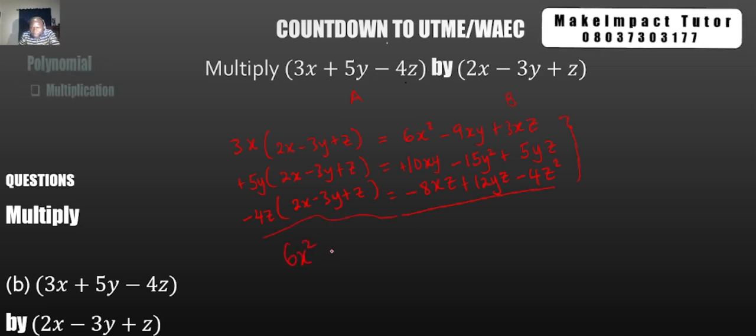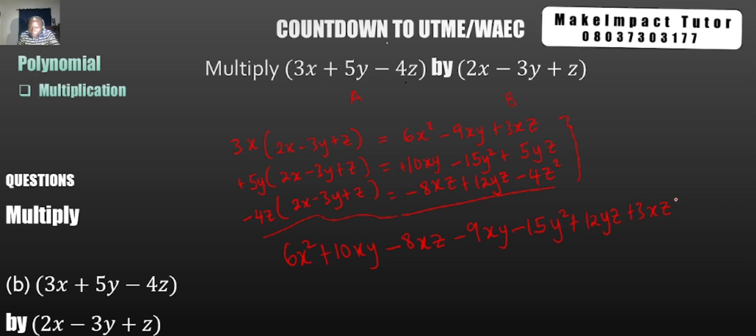Looking for x squared, if there's x squared anywhere, no, there's no other x squared, so I'll have 6x squared plus 10xy, minus 8xz, and then minus 9xy, minus 15y squared, then plus 12yz, and then plus 3xz, and plus 5yz, and then minus 4z squared. Okay, so that's what I have.